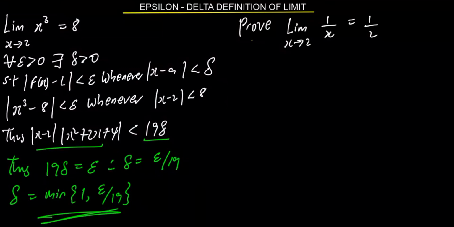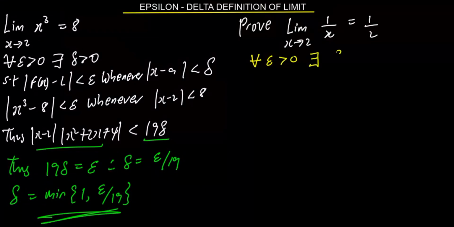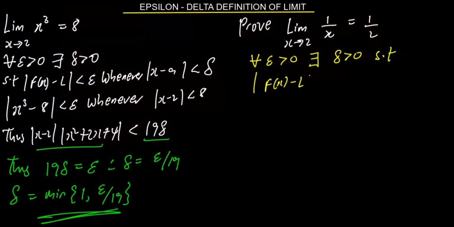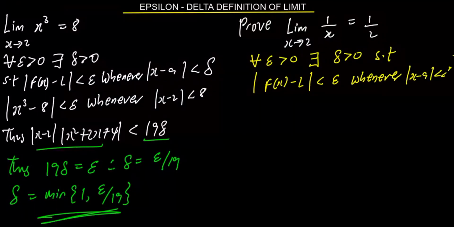So what do we do? We start by definition. For all epsilon greater than 0, there exists delta greater than 0 such that the absolute value of f of x minus L is less than epsilon whenever absolute value of x minus a is less than delta.